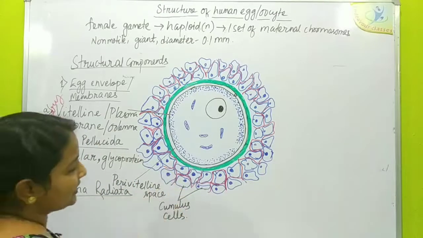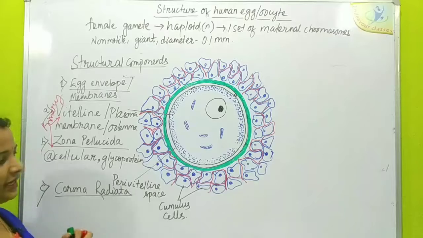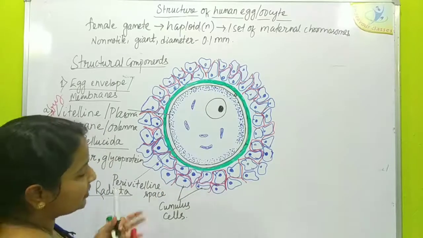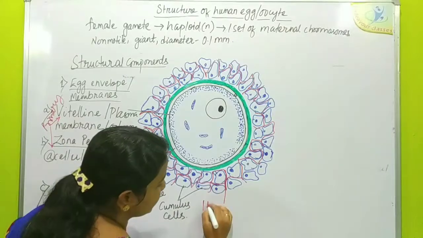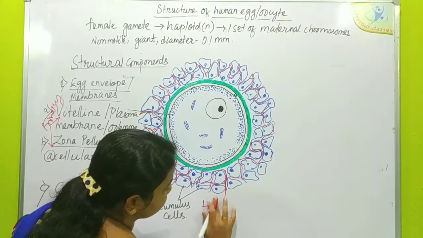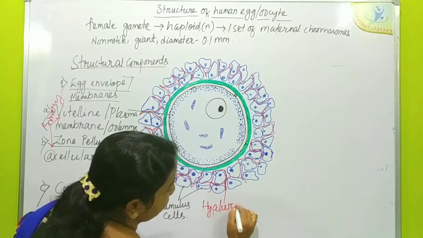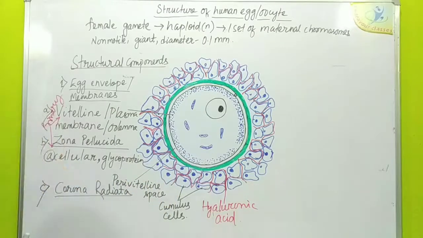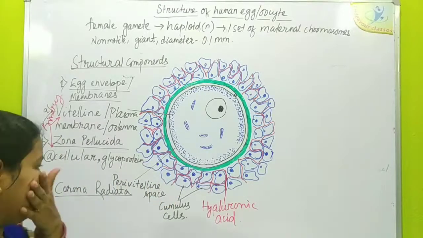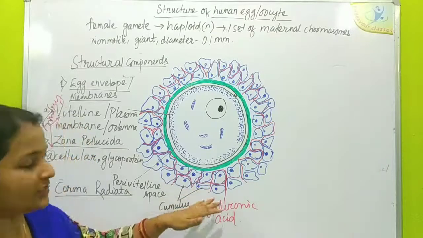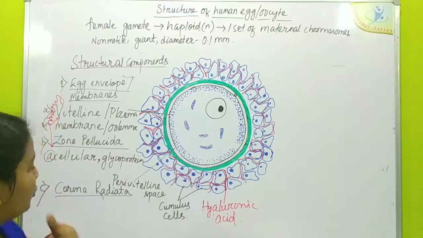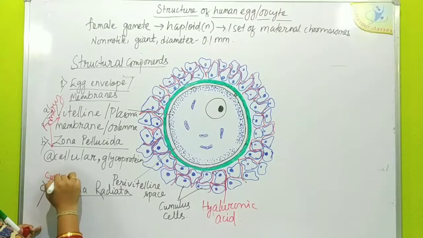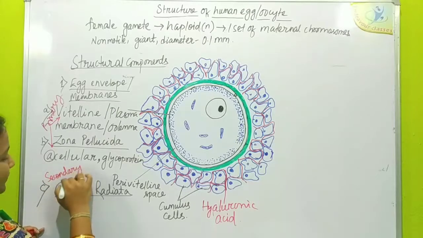These cells are held tightly in contact by the help of a cementing substance, which is hyaluronic acid, present in between the cumulus cells. So the corona radiata is the secondary membrane.